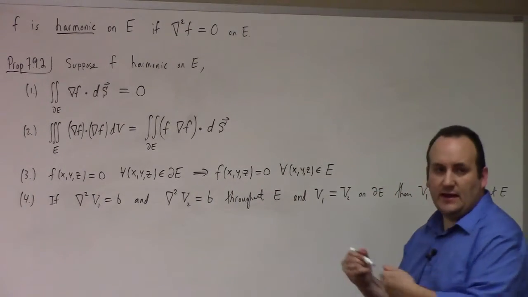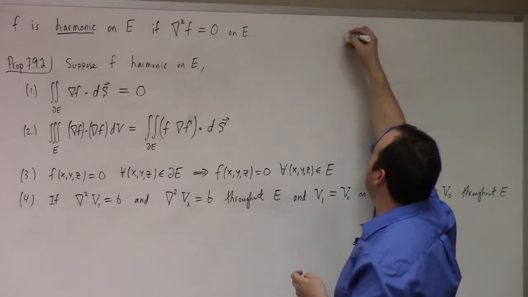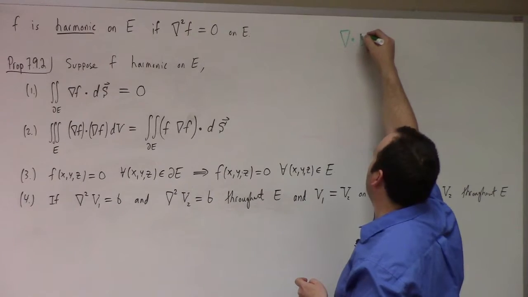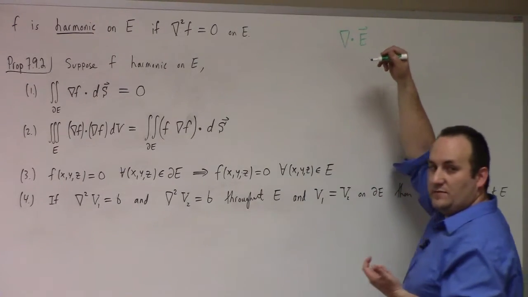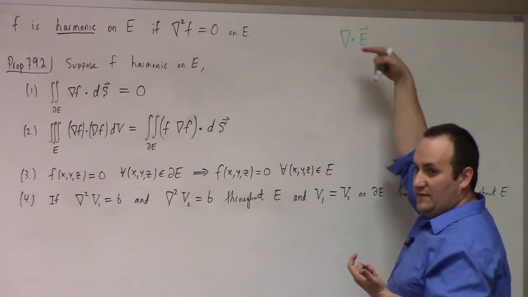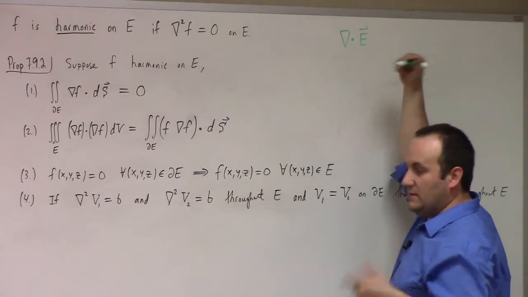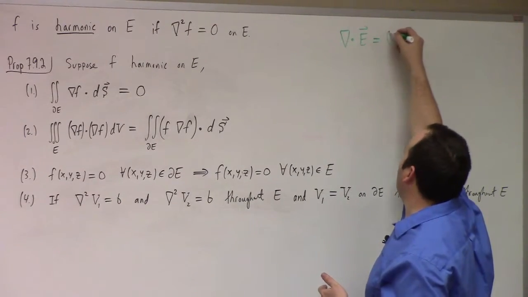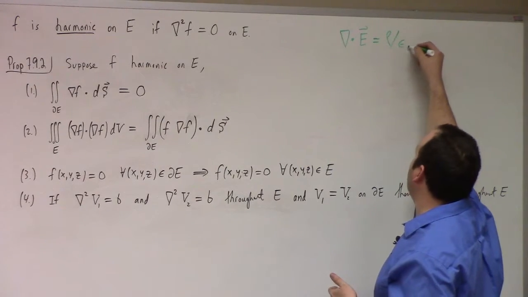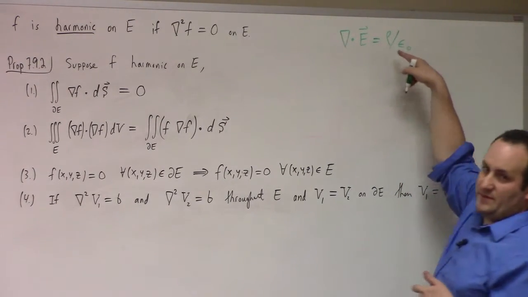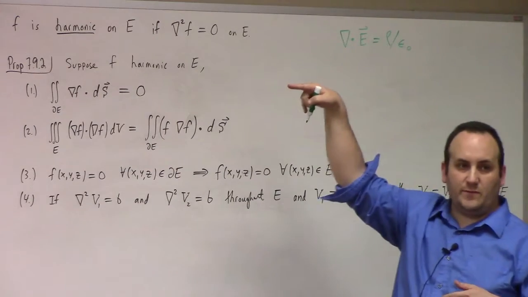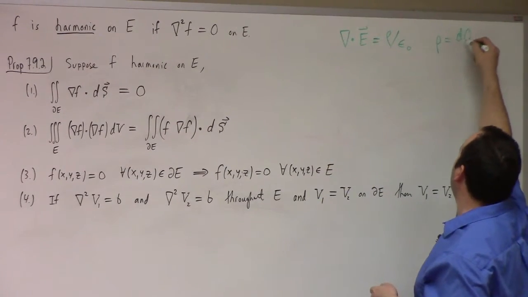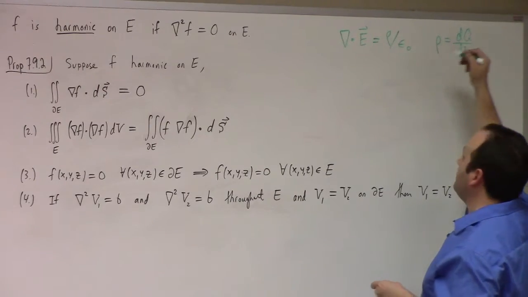One of the reasons we're looking at this is Gauss's law for the electric field: the divergence of the electric field, and there's a vector on the E here, so there's a little danger in confusing this E with the solid E, okay? The divergence of the electric field is equal to rho over epsilon naught, where epsilon naught is the permittivity of free space and rho is the charge per unit volume. Rho is dq dv, okay? Talked about it the other day a little bit.